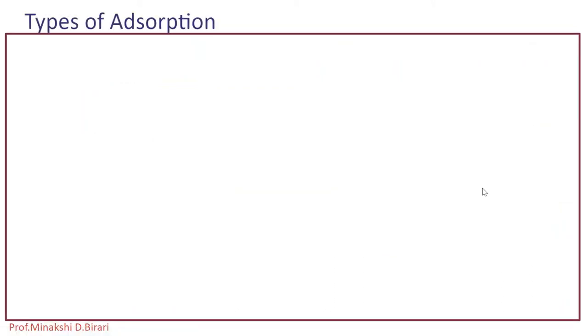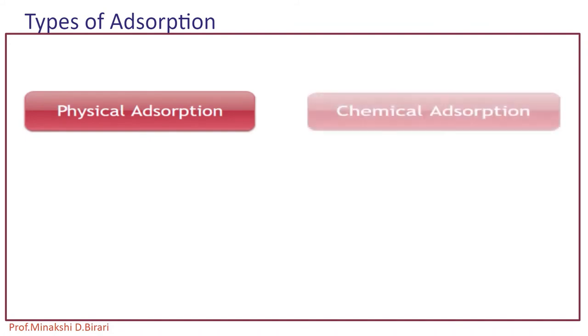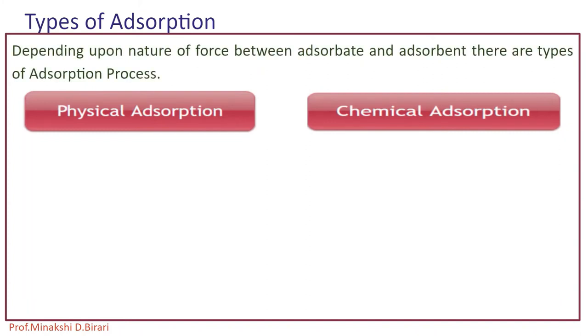Now let's see the types of adsorption. There are two main types of adsorption: physical adsorption and chemical adsorption. Depending upon the nature of force between adsorbate and adsorbent, there are two types of adsorption process. One is physical adsorption or van der Waals adsorption, and the other is chemical adsorption or activated adsorption or chemisorption.